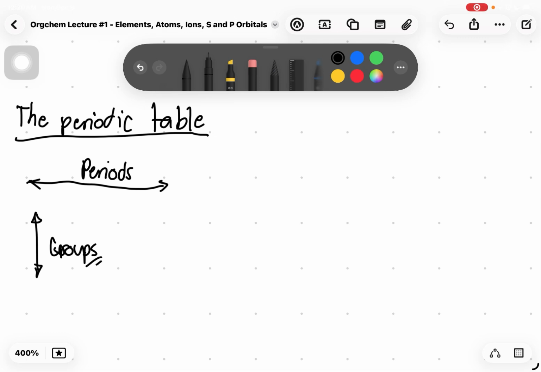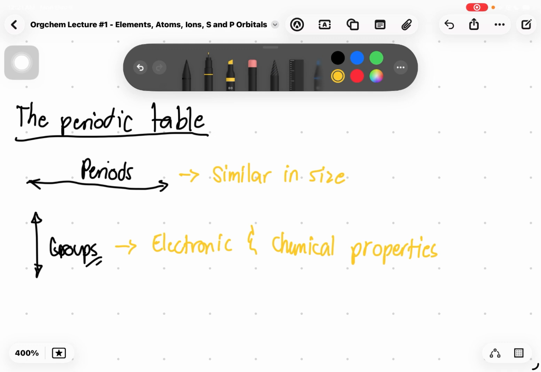In each period, not always, but more or less, all of the elements of the same period are similar in size. But in a later video, we can find out more about the trends found in the periodic table. Now, for the groups, elements found in the same column should have similar electronic and chemical properties. What this means will be discussed in a later video.